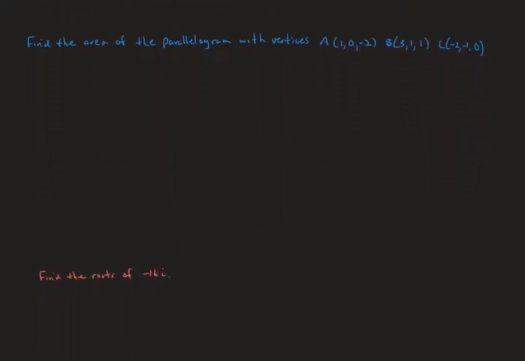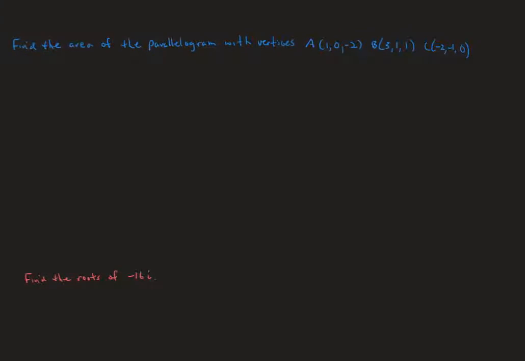Okay, let's see if we can find the area of a parallelogram with vertices A, B, and C given as that. So we have some parallelogram here in space, and if I think of this as A and B and C, then I don't know what D is, but that's okay.